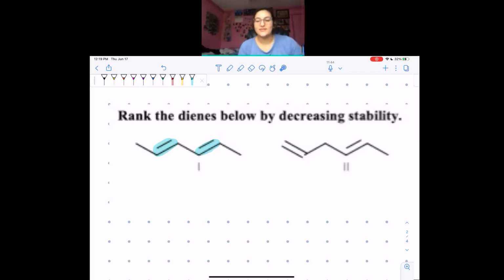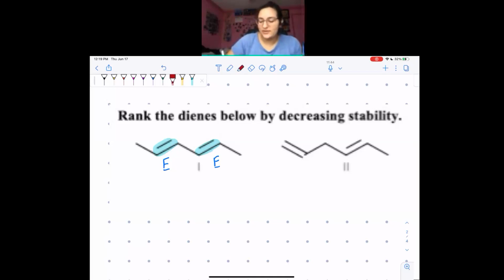Z stands for the same side. Maybe I could have also misread. Oh, never mind. Okay. Yes. But good for you for actually giving an answer. Proud of you. So this one's actually going to be E because the single bonds are on the opposite sides. And this one is also going to be E for the same reason, because they're pointing opposite directions.